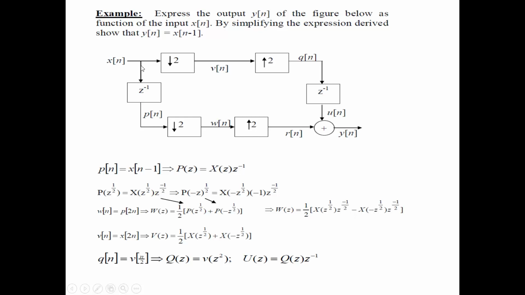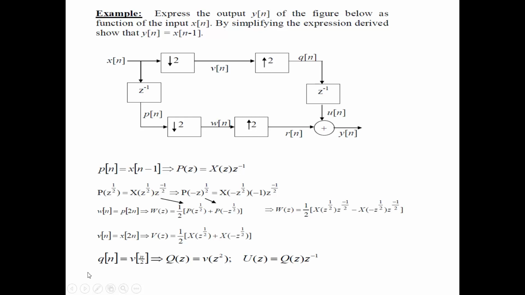Now let us look at v[n]. v[n] is equal to x[2n], because there is a decimator by 2. Once we take the z transform, we know this formula: V(z) is half of X(z to the power half) plus X(minus z to the power half). Then we come to q[n]. Here it is upsampling.